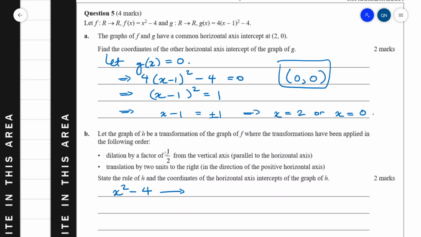Remember, when you dilate from the vertical axis in functions, you always have to take the reciprocal of that dilation, only if it's from the vertical axis. So we're going to replace all the x's we see with exactly 2x. So this becomes (2x) squared minus 4. And then we translate 2 units to the right. So what happens if you translate 2 units to the right in your functions?